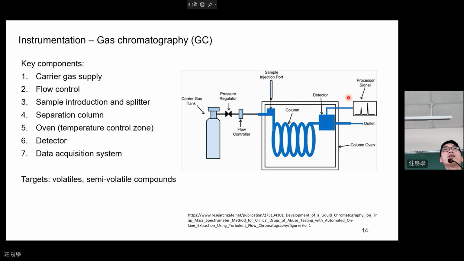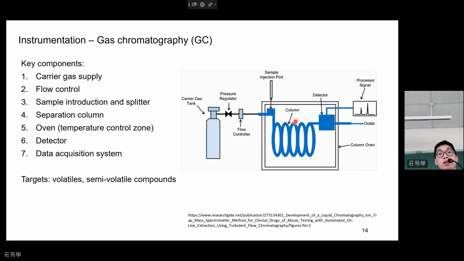The oven is used to control the temperature in this environment. Again, one of the key components is the oven, and the function of the oven is to control the temperature. Inside the oven, you have a column. The column is used to separate the compounds in your environmental sample.